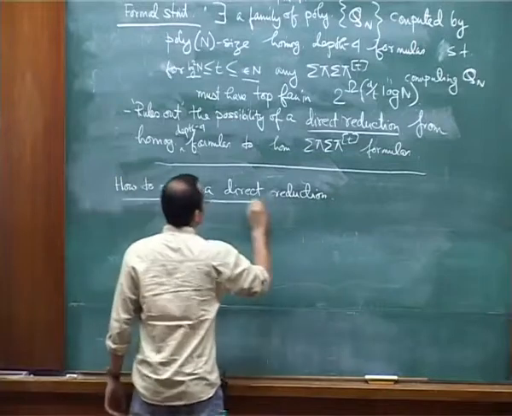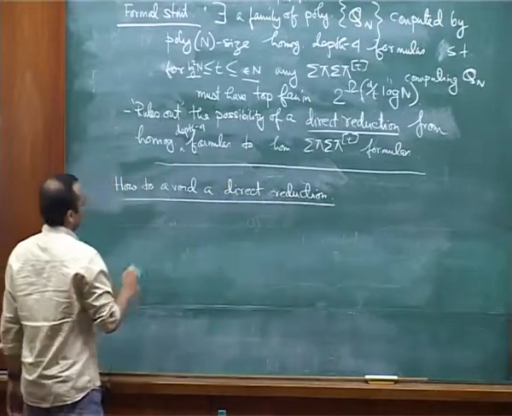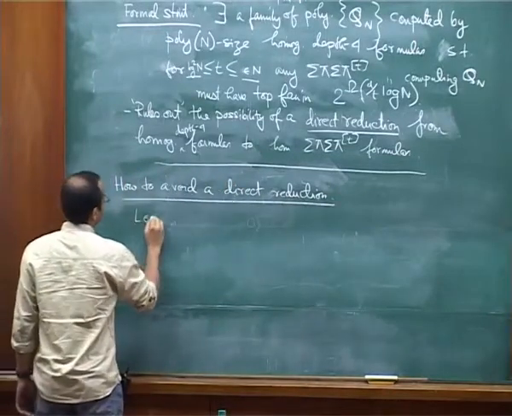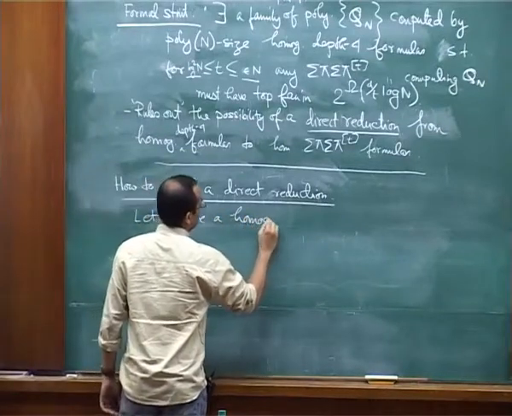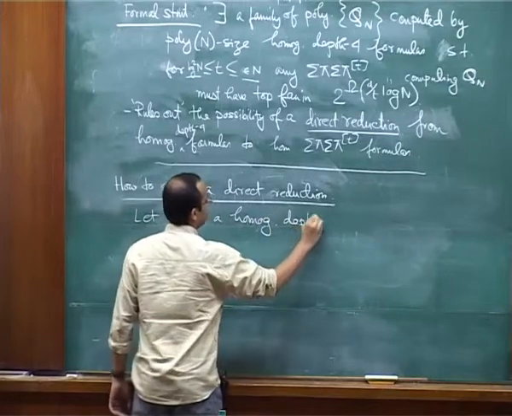So suppose C is a homogeneous depth-4 formula.